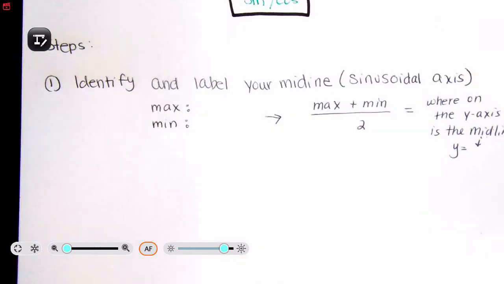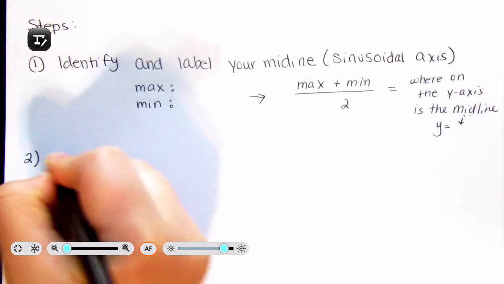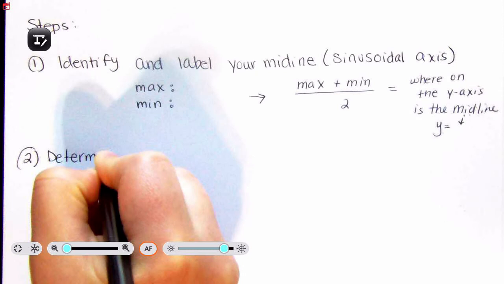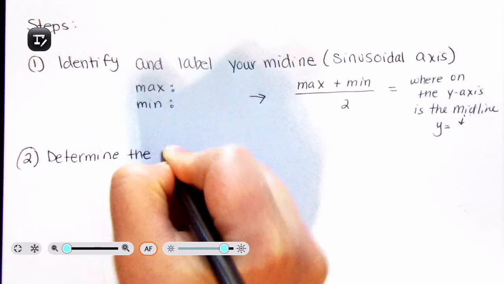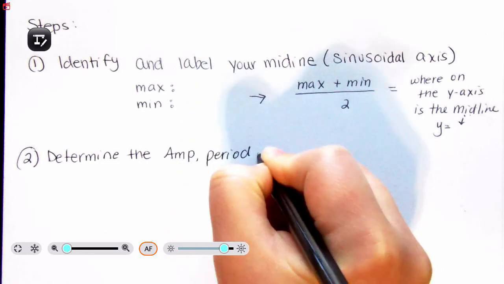Okay, step number 2 is determine the amplitude, period, and vertical shift.